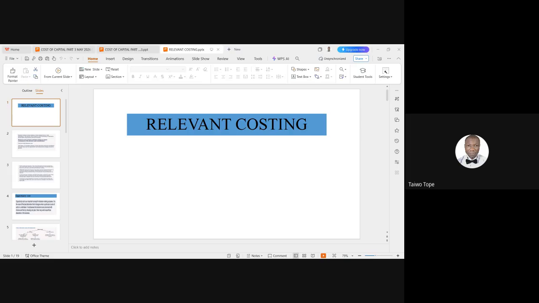And for you to make a decision in any business, cost is involved. Cost will definitely be involved in making a decision.